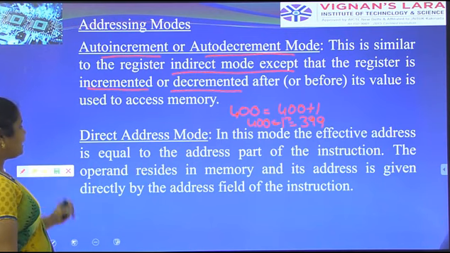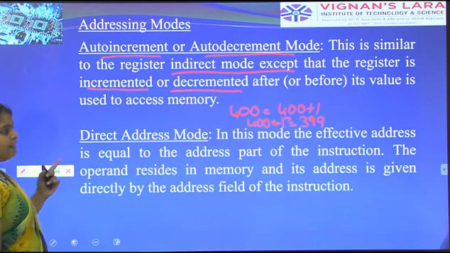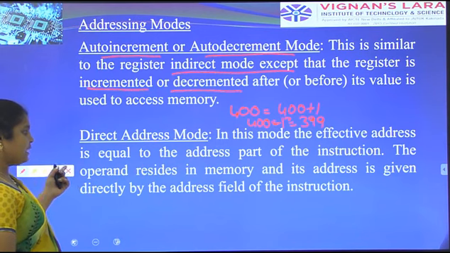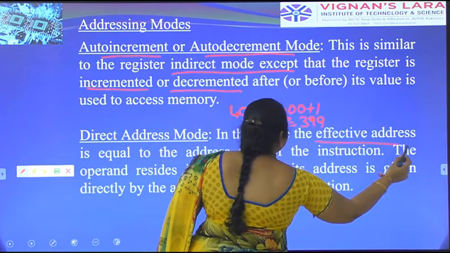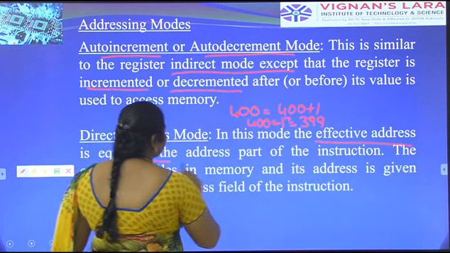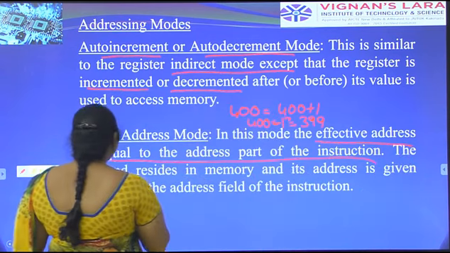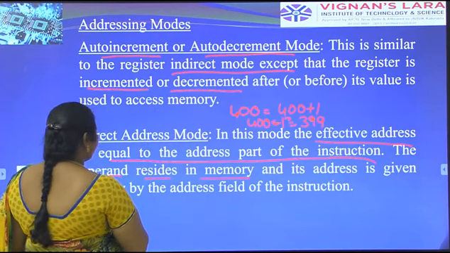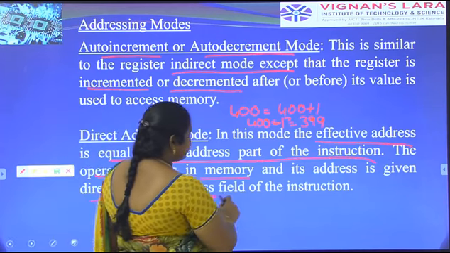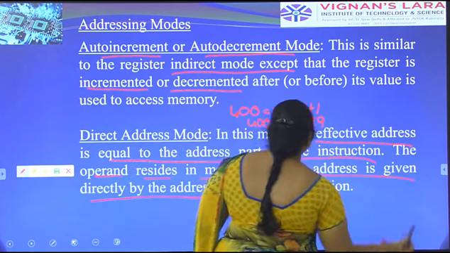Next is direct addressing mode. In this mode, the effective address is equal to the address part of the instruction. The operand resides in memory, and its address is given directly by the address field of the instruction.